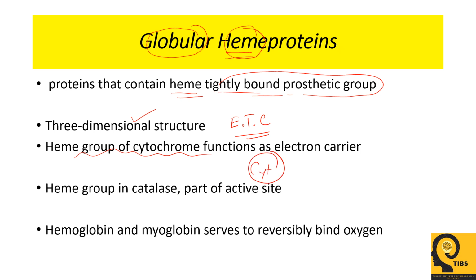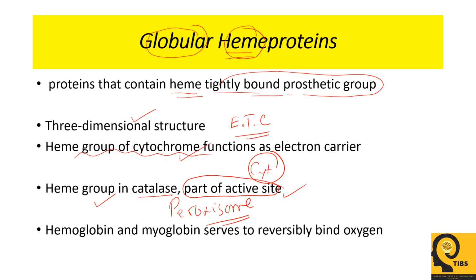Another example of a heme group is the enzyme catalase, which is present in the peroxisome, an organelle present in the cell, especially the liver cell, and the heme group is part of the active site of that enzyme. Here it plays a catalytic role, whereas in cytochromes it plays the oxidation reduction role.